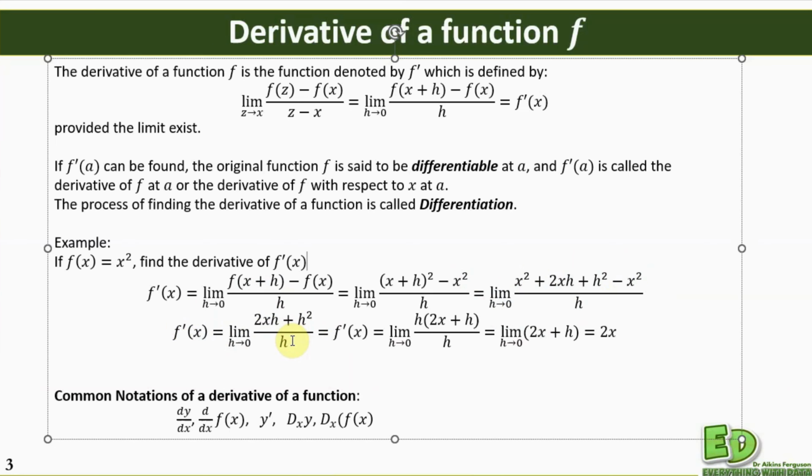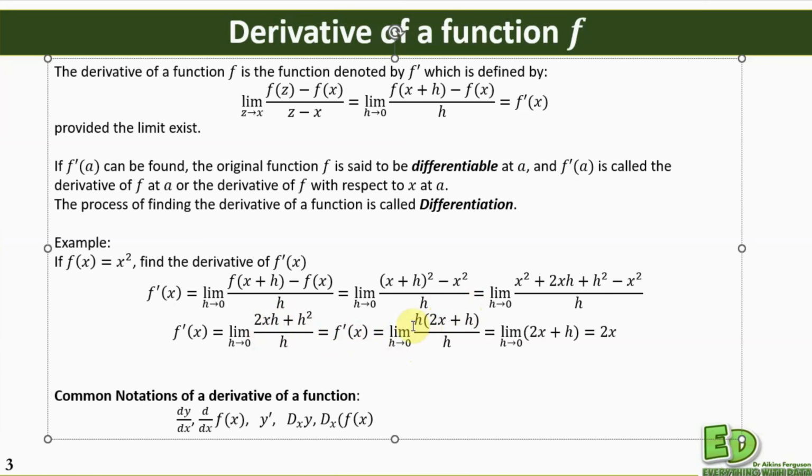The next step is that this numerator, 2xh plus h squared, has a common factor, which is h. So just do basic factorization. We'll factor h out, still having f prime of x is equal to the limit as h approaches 0, leaving us with 2x for the first term plus h for the second term.